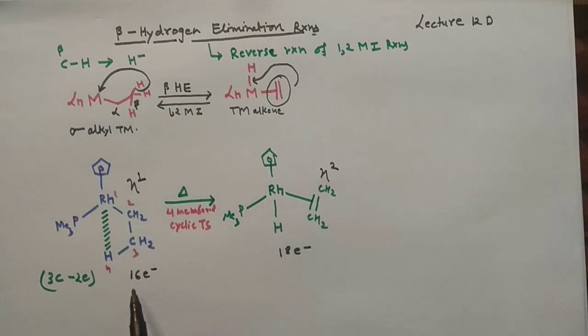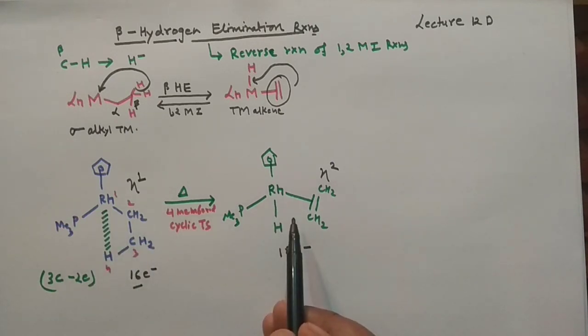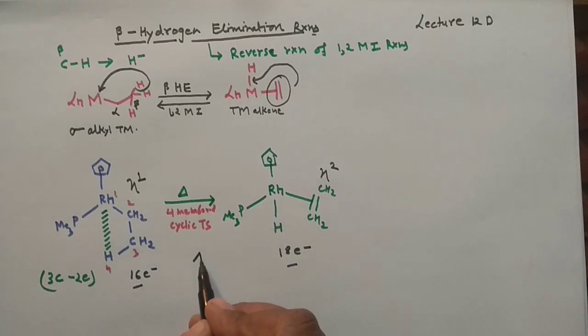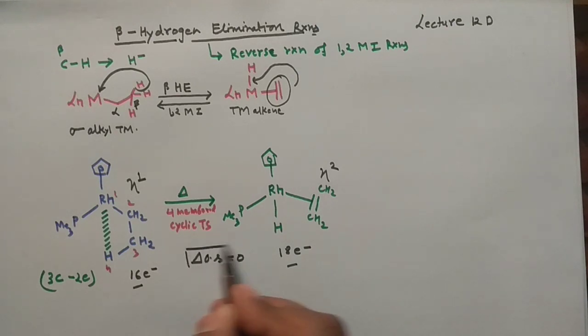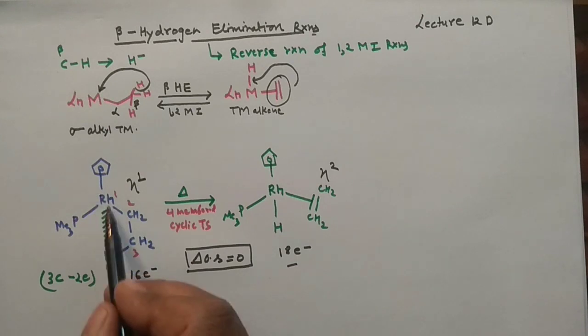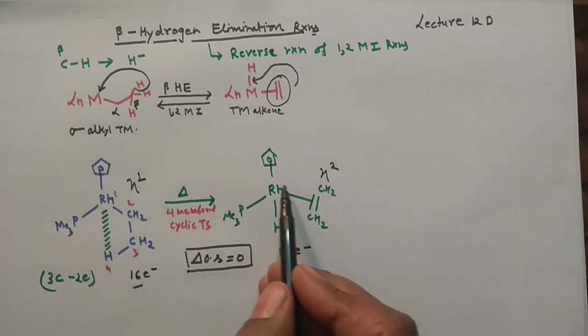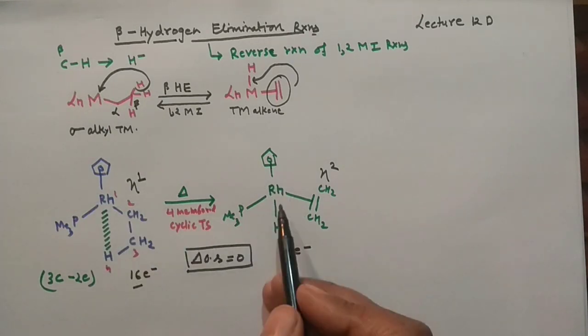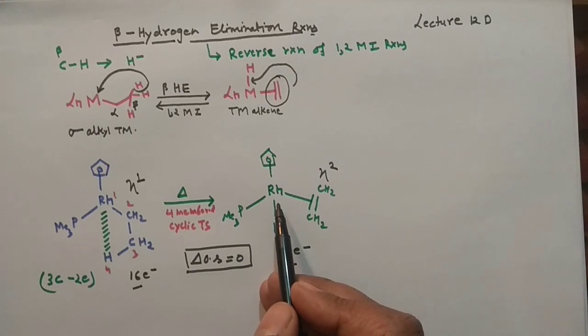And remember, the electron count is also increasing from 16 to 18, but the change in oxidation state would remain 0. So that means delta oxidation state would be 0. No change in the oxidation state of the metal. This is important, right? If it is +1, then here it will also be present in +1. If it is +2, then it will always remain in the +2 oxidation state, right?